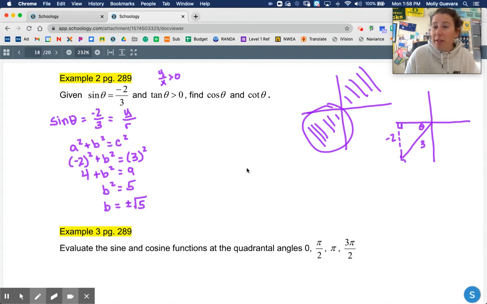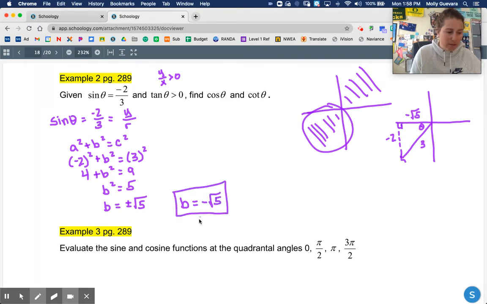Then I have to figure out, is it plus or is it minus? So this right here is the square root of 5, and because of where it's located here in quadrant 3, it's actually negative. So this tells me that my b is equal to negative square root of 5.